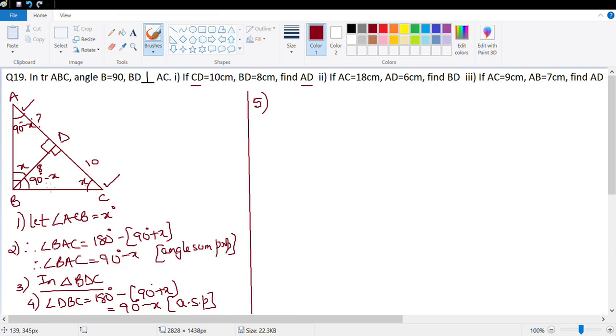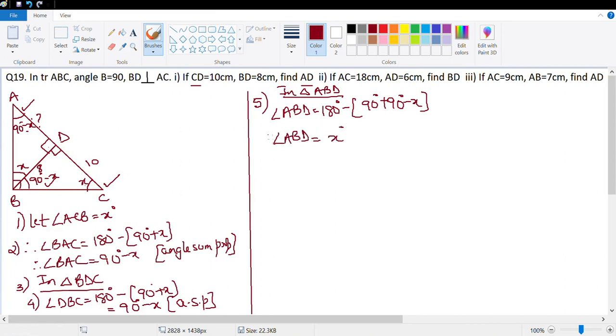Let's just prove this is X. So in triangle ABD, angle ABD is equal to 180 degree minus 90 degree plus 90 degree minus X. And this is 90, this is 90 minus X. So add them and subtract the total from 180. So that should give us X degree. Angle ABD is equal to X degree.